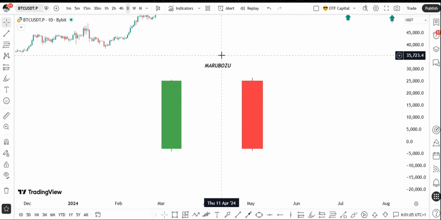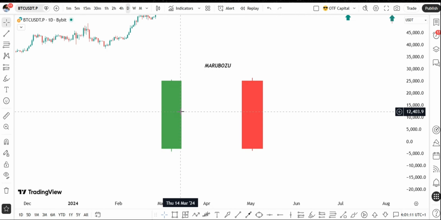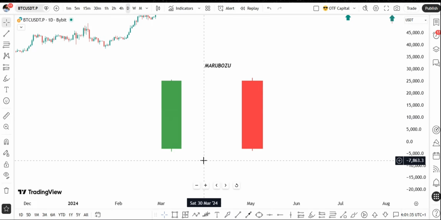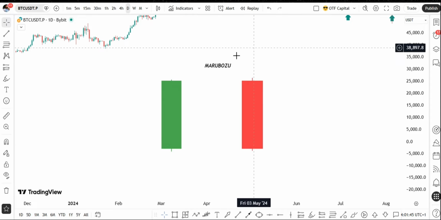Another type of individual candle is called the marubozu candle. This is a momentum candle. They often communicate complete control on one side of the market or the other. So in the context of any market, you see this type of momentum candle.